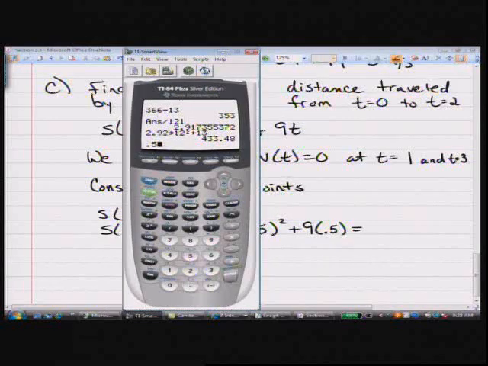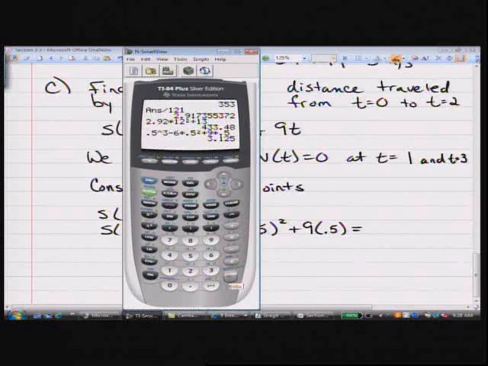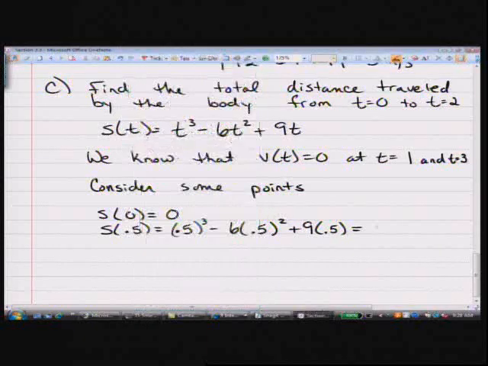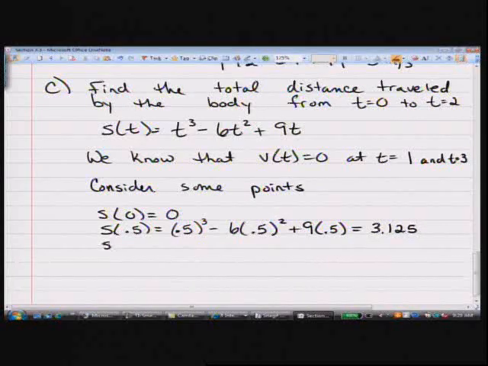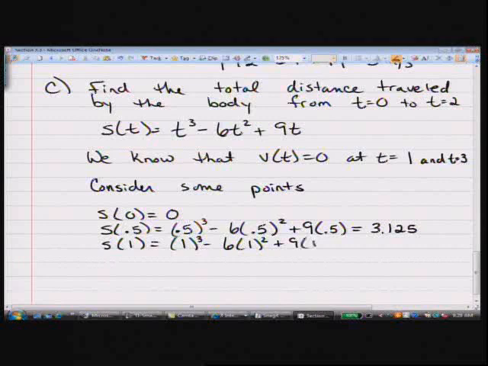So 0.5 cubed minus 6 times 0.5 squared plus 9 times 0.5, which is 3.125. Okay, so then you're at 3.125. And then at S of 1, if you plug 1 in, you're at 1 cubed minus 6 times 1 squared plus 9 times 1.